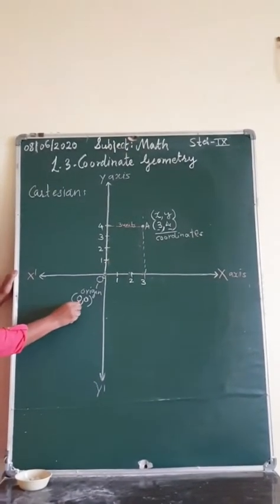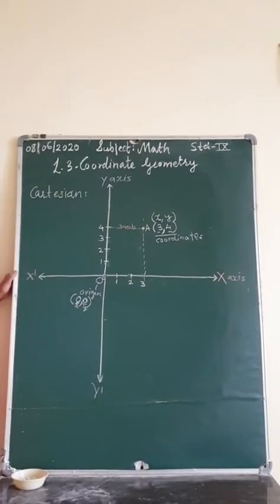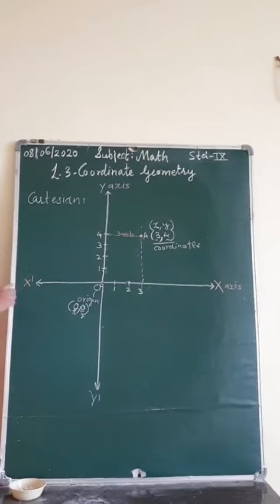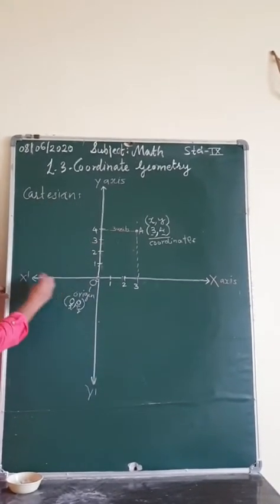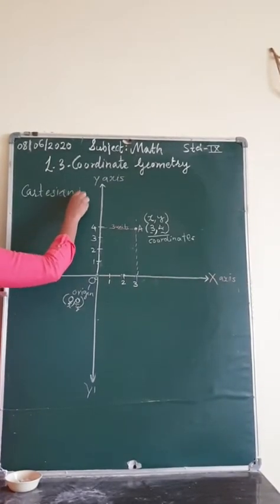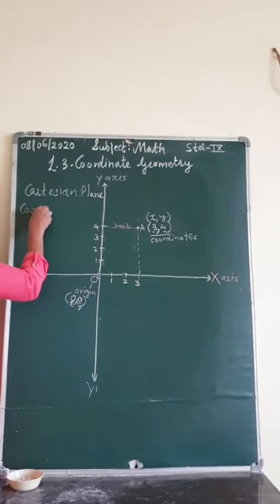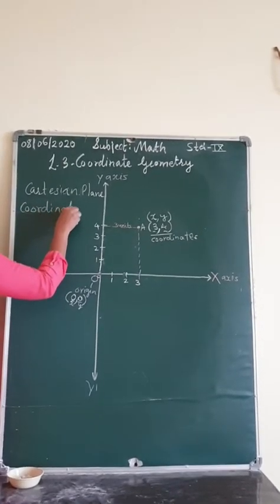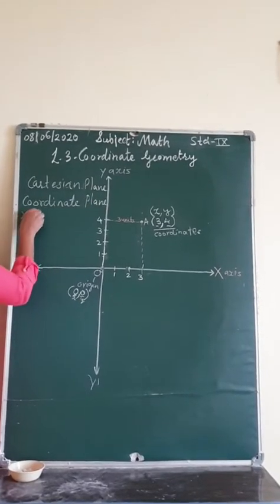This is x, horizontal, and y. As I said before, this whole plane is known as the Cartesian plane, or the coordinate plane. It is also known as the xy plane.